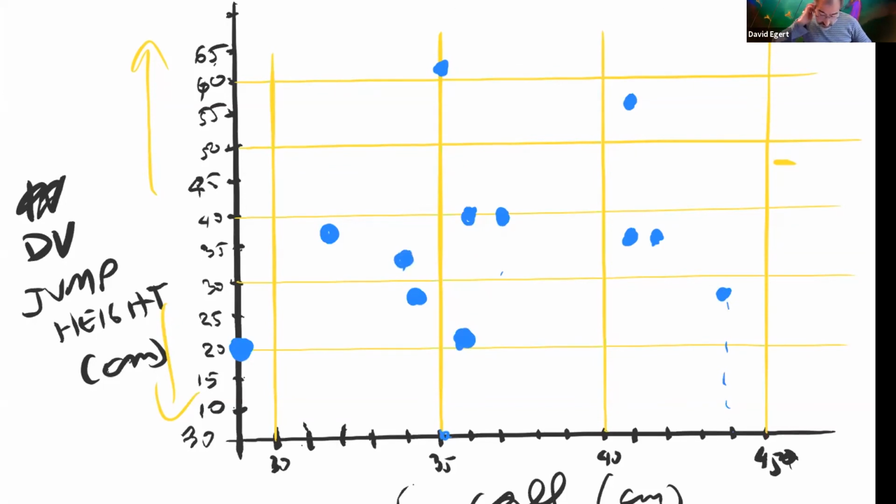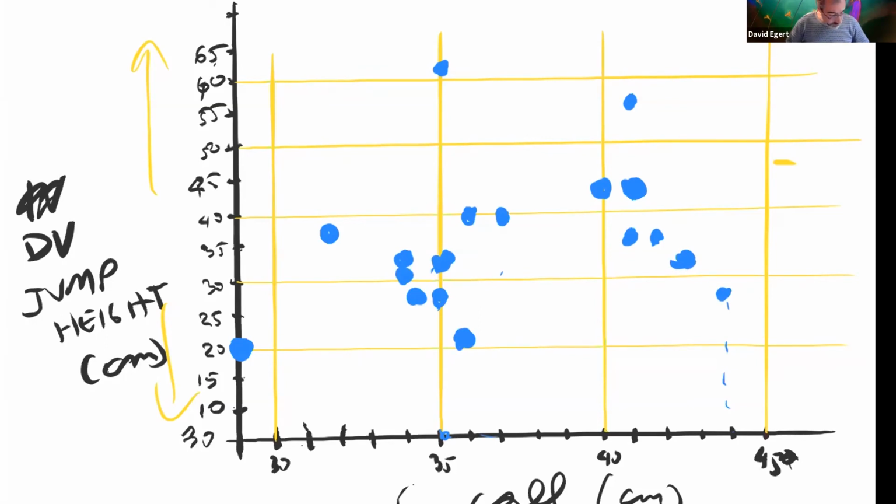So you kind of get it. It's just each person ends up being a dot here. 33, 22, I just did that one. 35, 27. 41, 42. 40, 45. 35, 32. 43, 31. 34, 31. 35, 43.